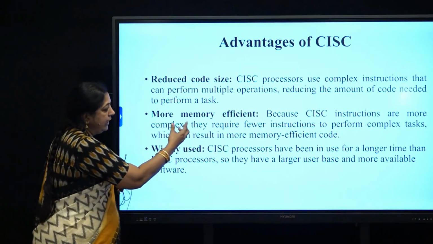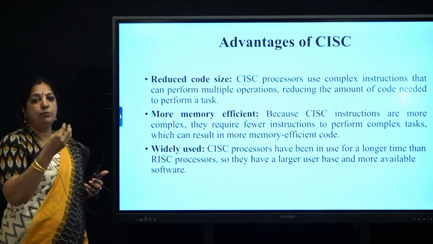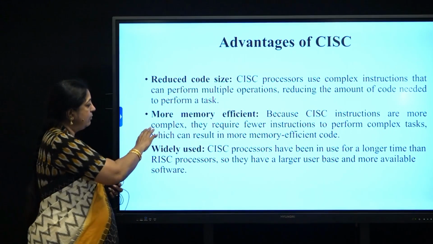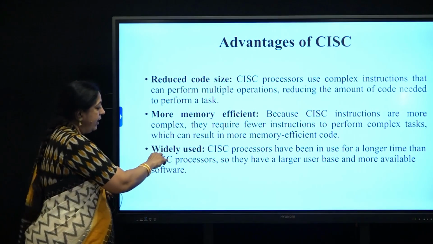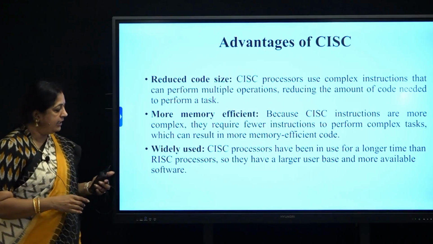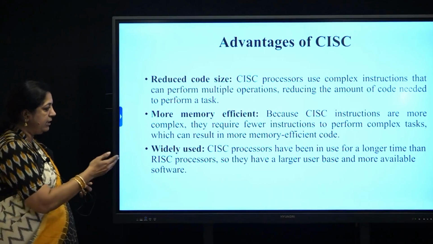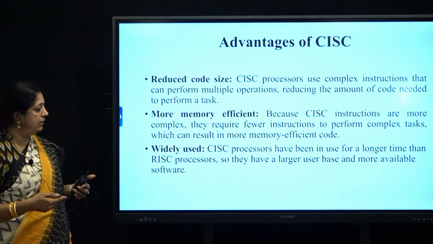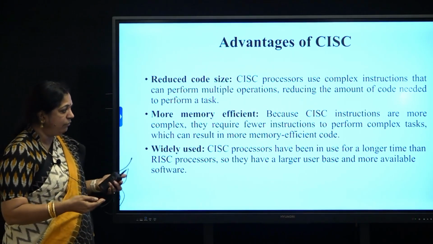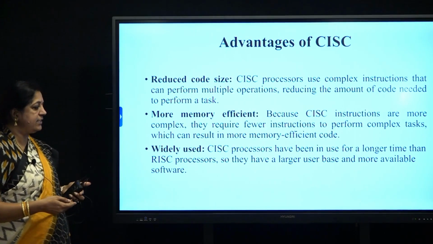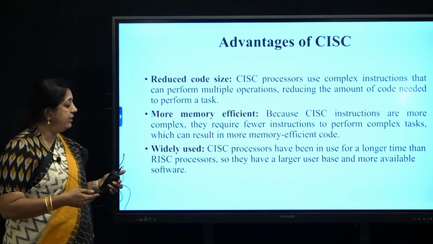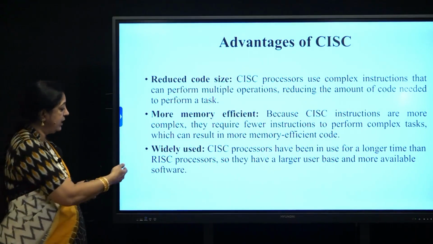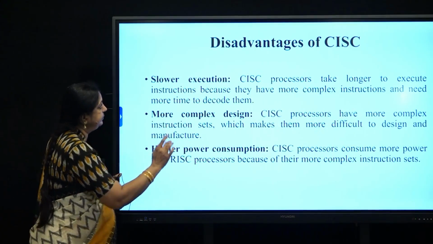Widely used: in the latest systems, CISC processors have been in use for a longer time than RISC processors, because they have a large user base and more available software using CISC.